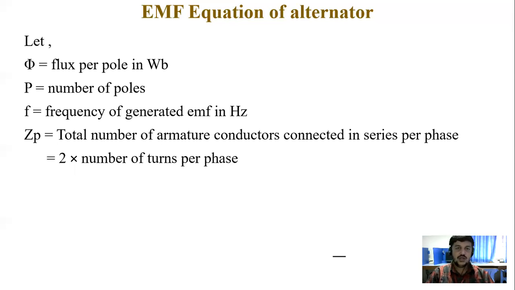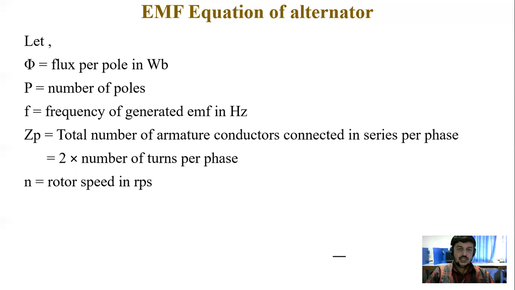Effectively, one winding turn is formed by two armature conductors. So if Nph is the number of turns per phase, then we can calculate the value of Zp as 2 into the number of turns per phase.